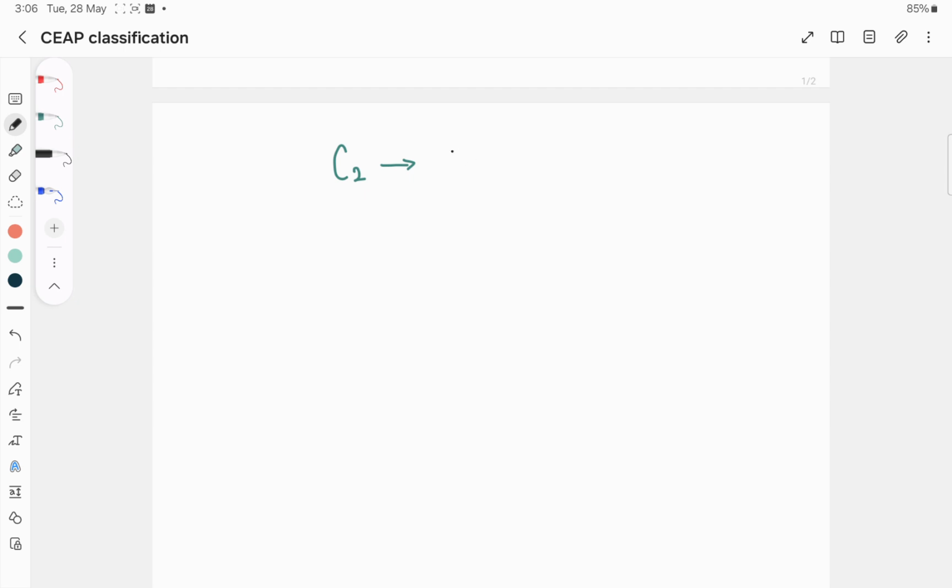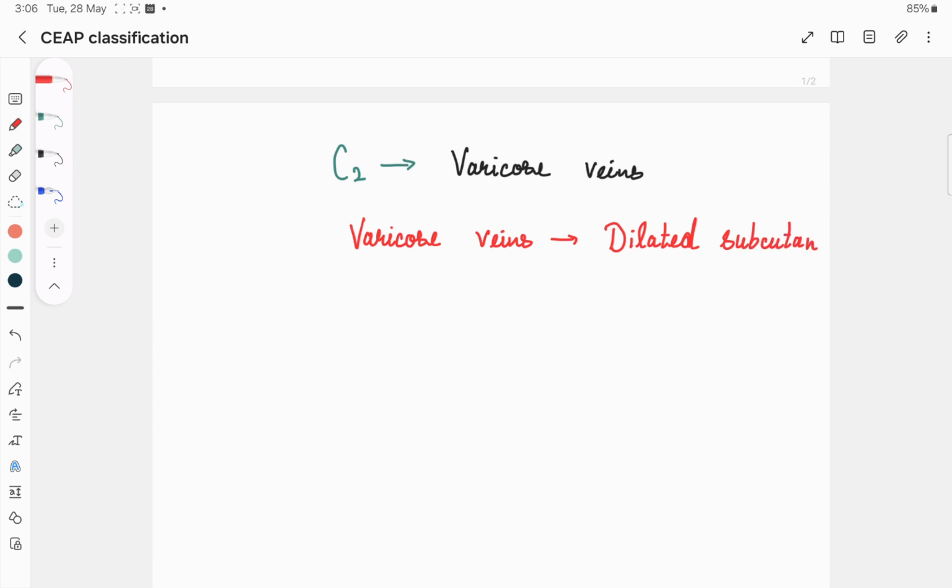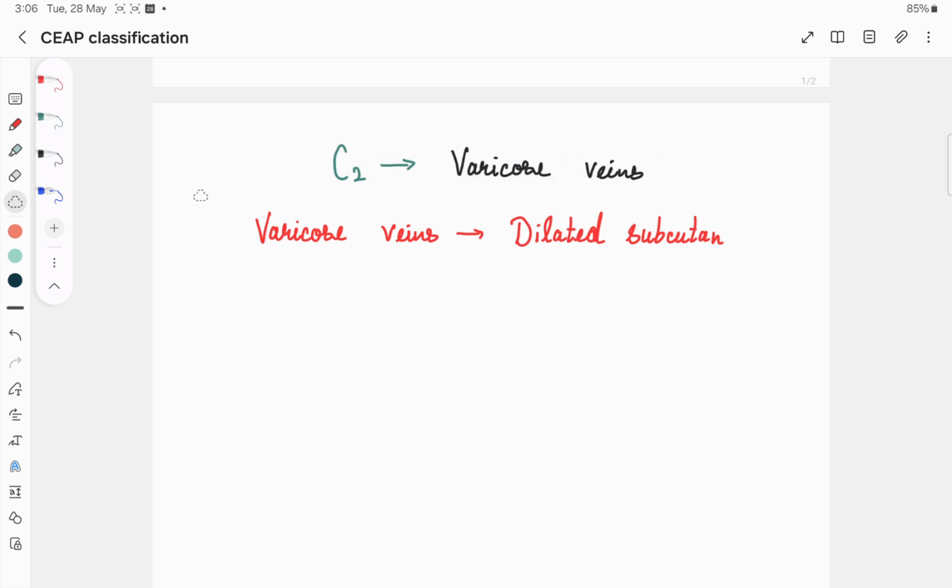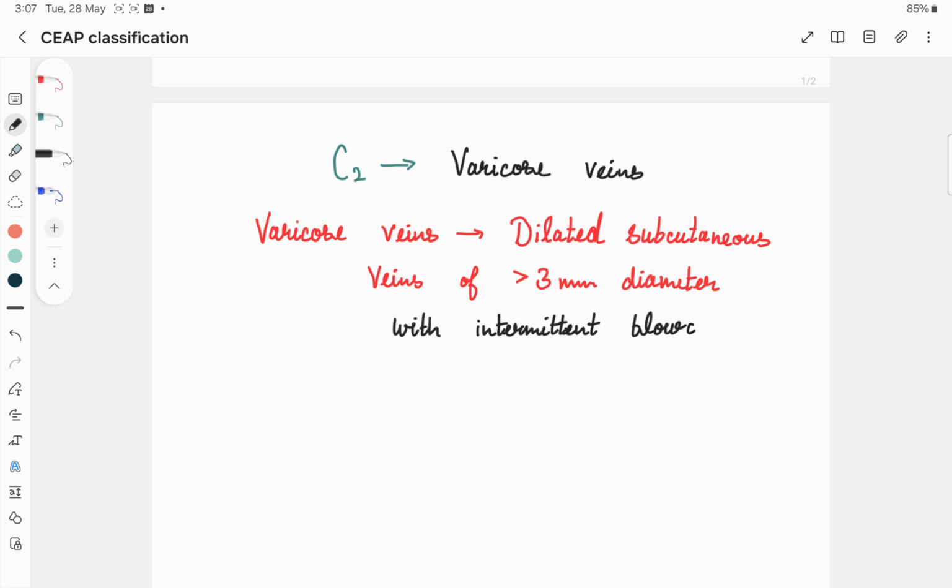C2 is varicose veins. What are varicose veins? Varicose veins are dilated subcutaneous veins of more than 3 mm diameter with intermittent blowouts and reflux present.